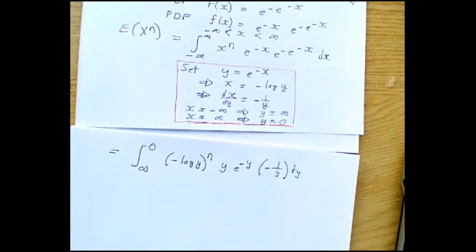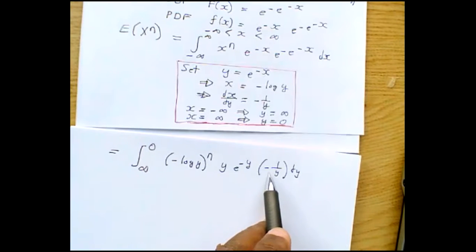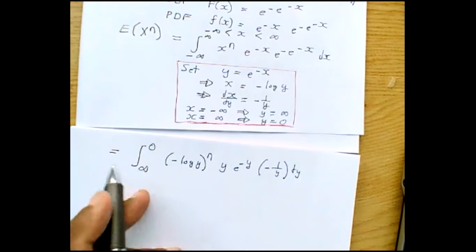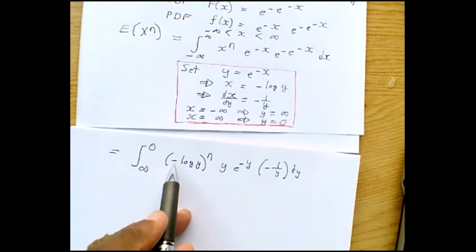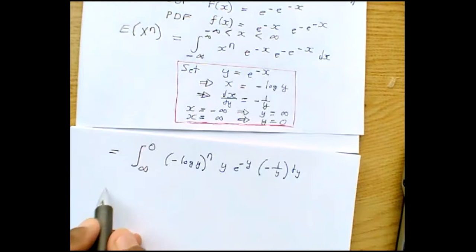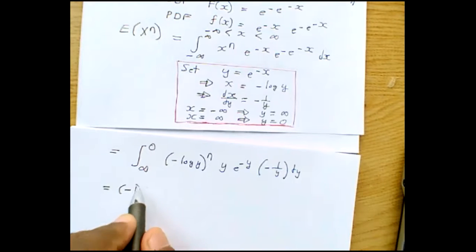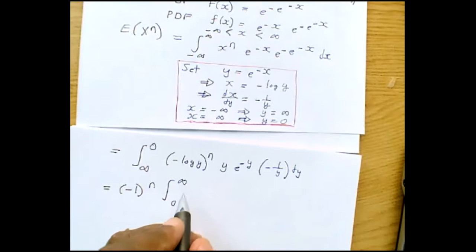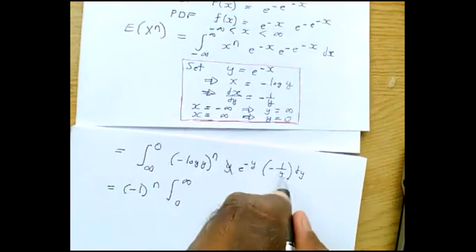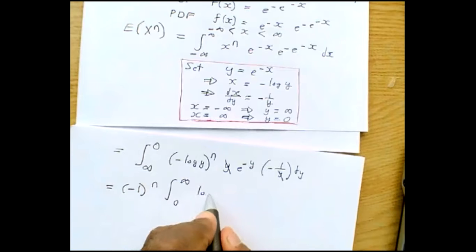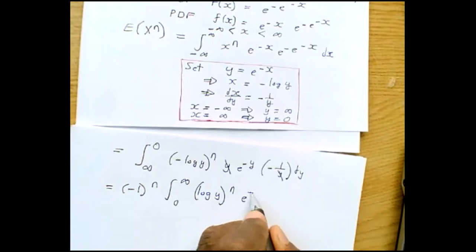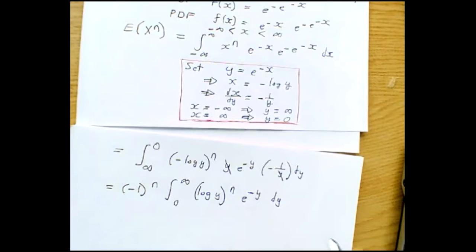Okay, this is what you will get. All right, now there is a minus here. So I'm going to use this negative sign to change the limits around from infinity to 0 into 0 to infinity. And there is also a minus here, so I'm going to pull the minus outside. There's going to be minus 1 to the power n, the integral from 0 to infinity. And by the way, these two cancel. So you get log of y to the power n, e to the minus y, dy.